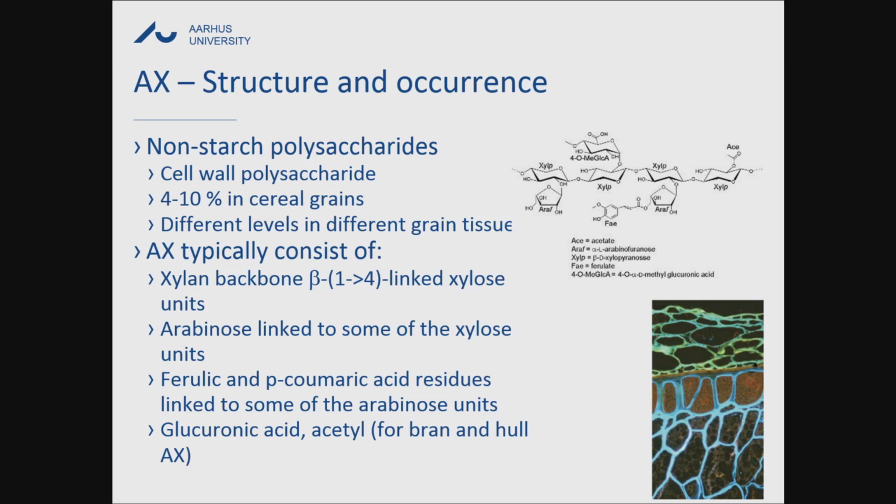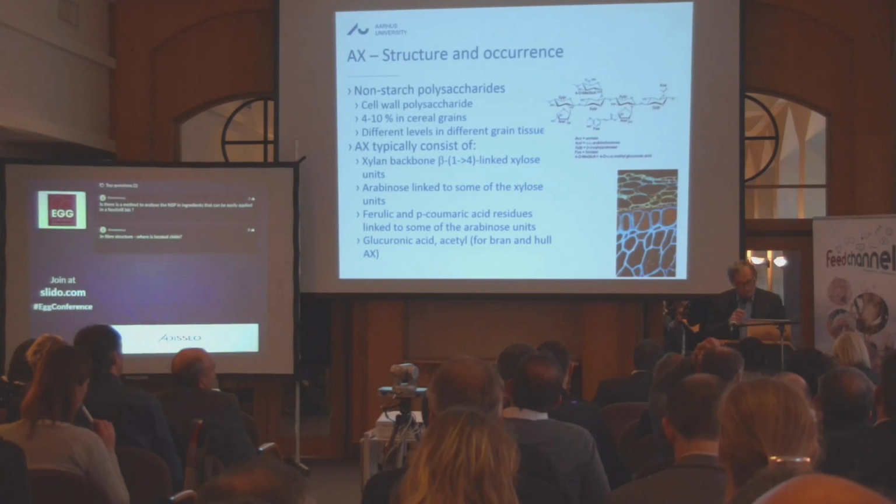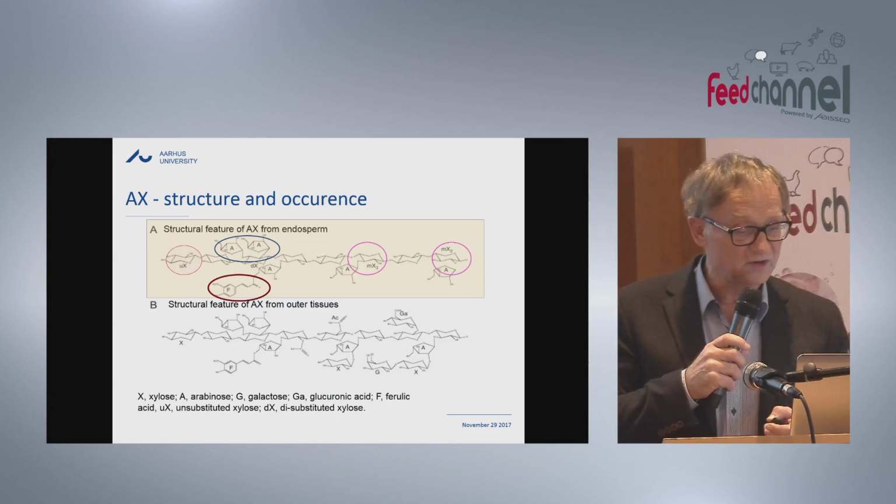This is the outer part of a cereal, where you have arabinoxylans in these cell layers, in the aleurone and also in the endosperm, but the structure is significantly different between the different tissues.